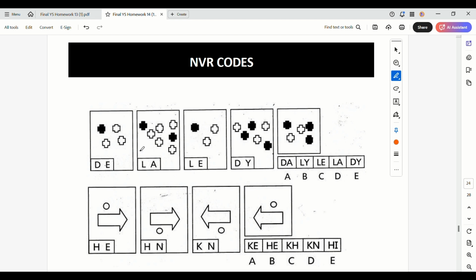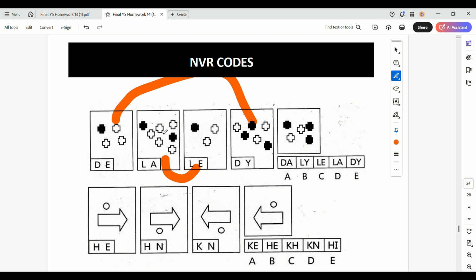Look at the first letter, D and D, compared to L and L. What's similar between these two, and what's similar between these two? To figure that out, I think it's probably the ratio. So it's difficult to see this. But actually, maybe it's like the odd.